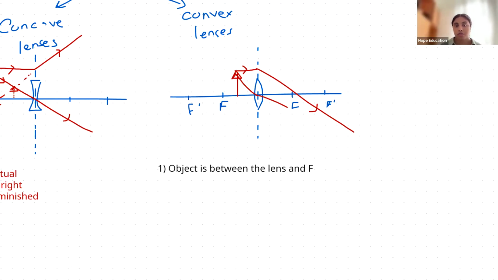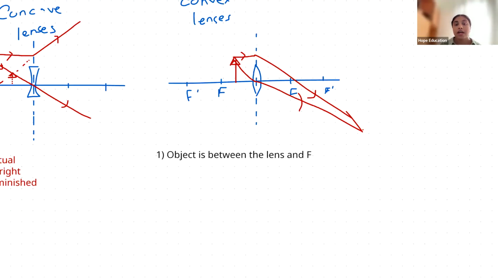So they are supposed to meet somewhere here. What you get is a virtual image. This goes through the focal point, and the light ray through the optical center. At the front of the lens they don't meet because they go away from each other.